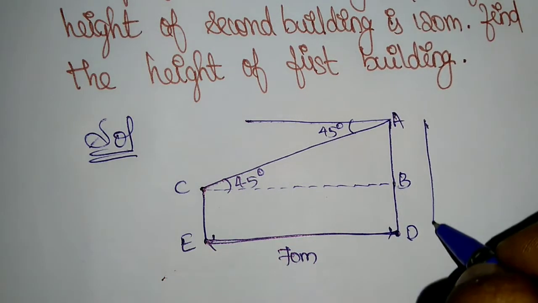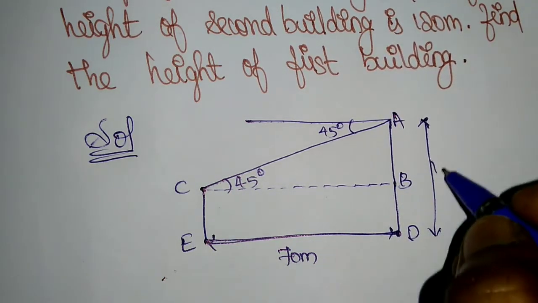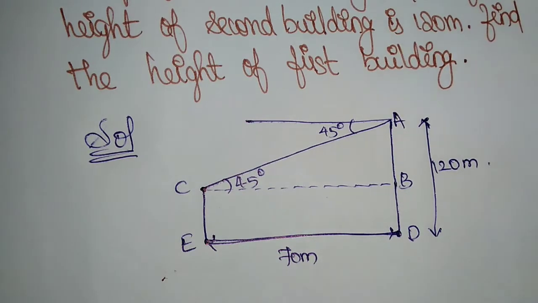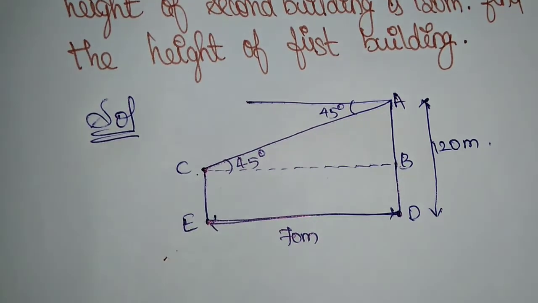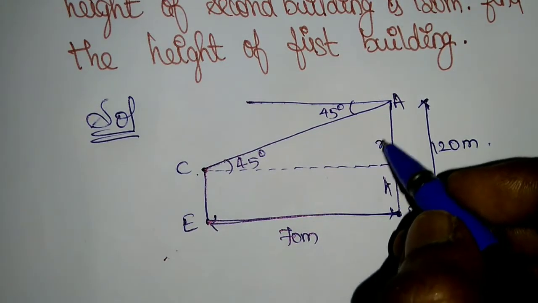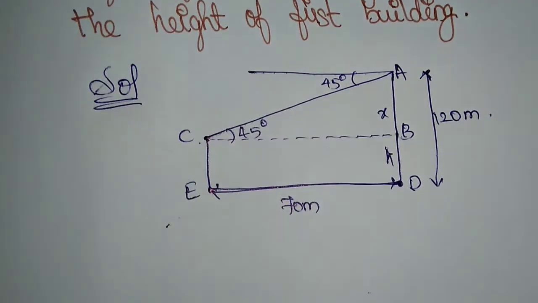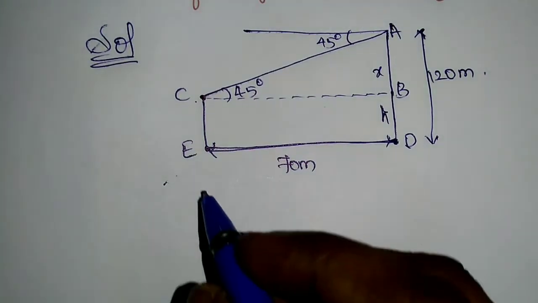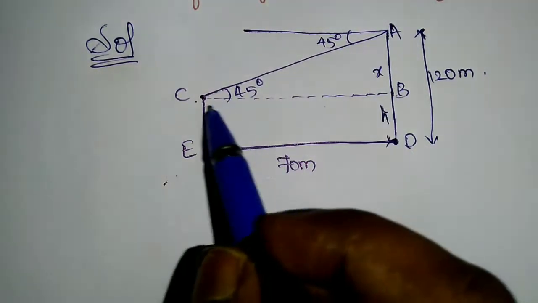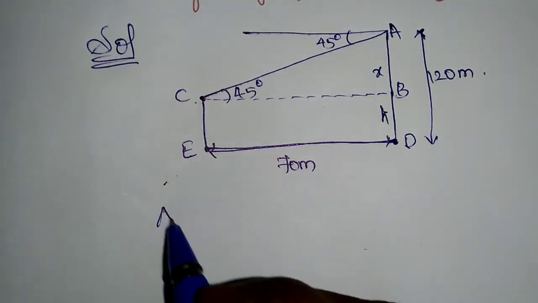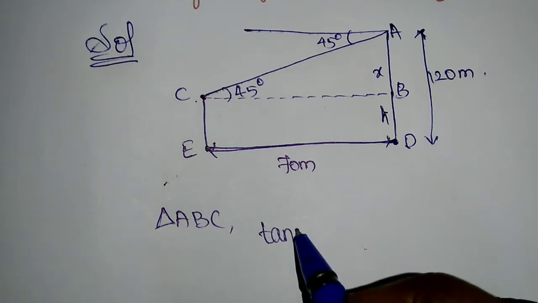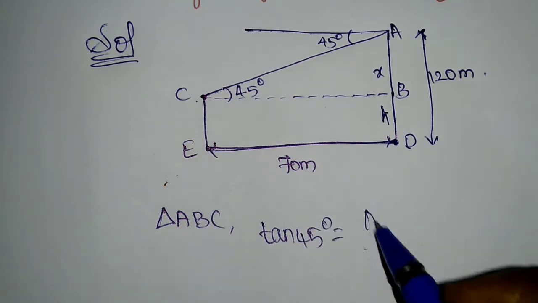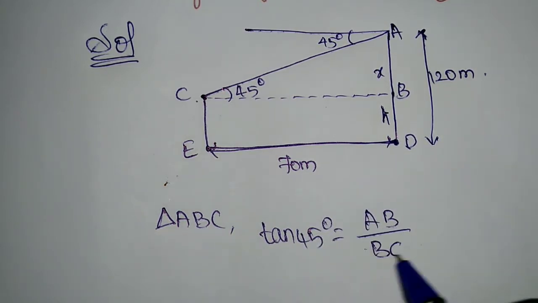Here the total height of the second building is 120 meter. Now we have to find the height of the first building. In the triangle ABC we get tan 45 degree equal to AB divided by BC.